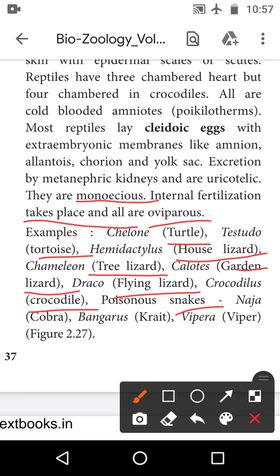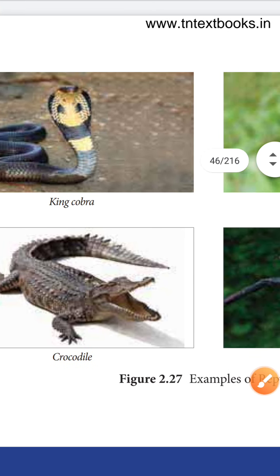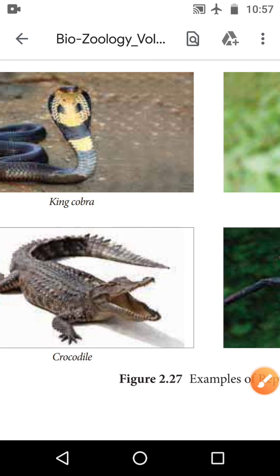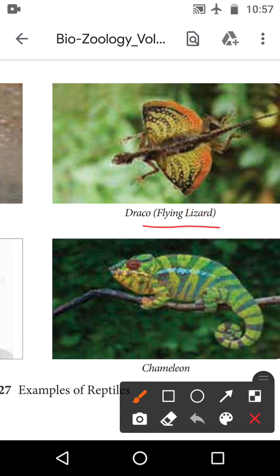Then poisonous snakes: the naja, which is the cobra, the vipers, and the kraits. These are examples of reptiles. What is this one? It is a king cobra, the longest of the cobra family. And the next one is a flying lizard.